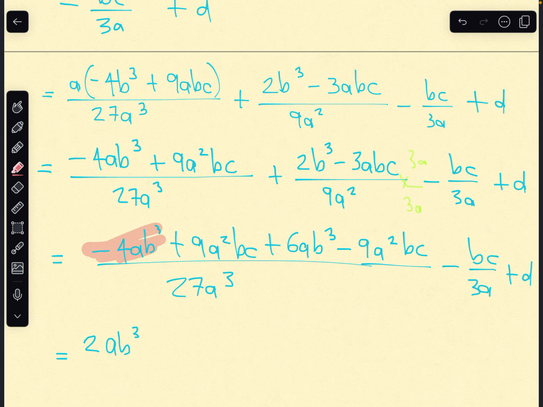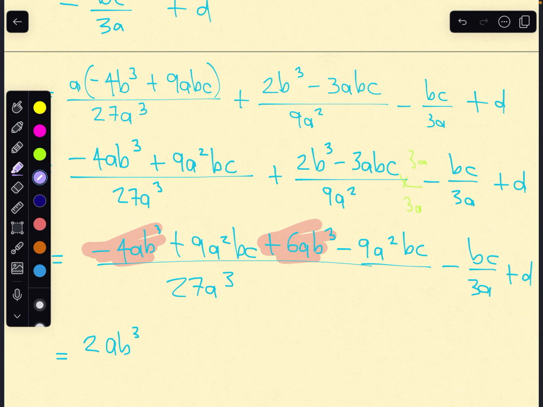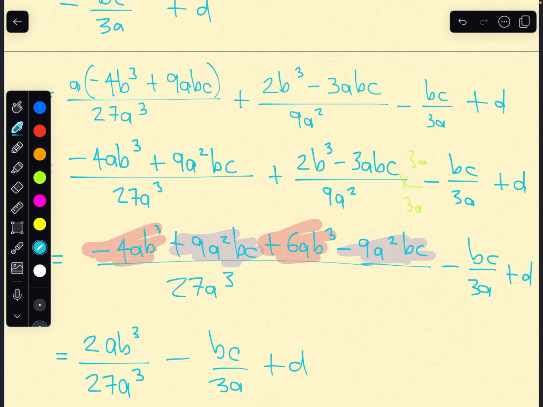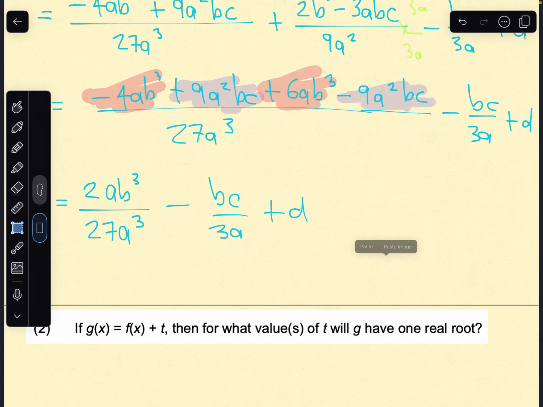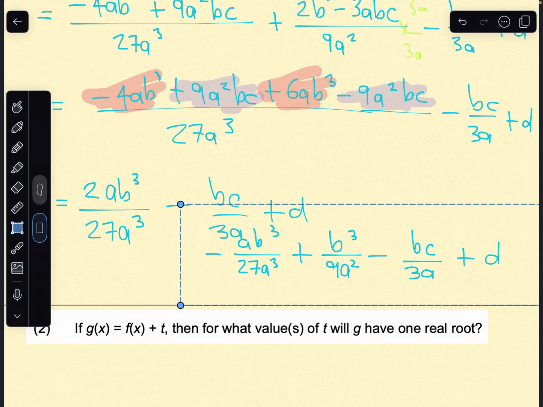Because like terms. And then this is another pair of like terms, which is going to cancel out. So now we have 2ab cubed over 27a cubed minus bc over 3a plus d. What were we trying to work towards again?